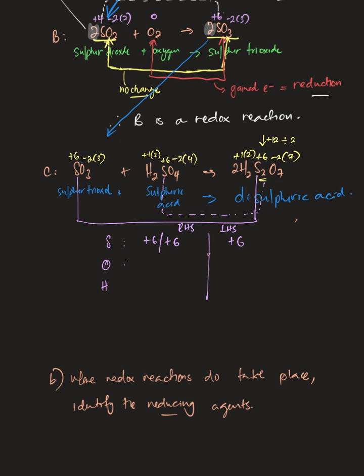The oxygens went from -2 here, and ended up with also -2 there. And the hydrogen started off as +1 and ended up at +1. So if I look at the left-hand side and the right-hand side, I'll notice that for the sulfur there were no changes. Oxygen, no changes. Hydrogens, no changes. Therefore, C is not a redox reaction.